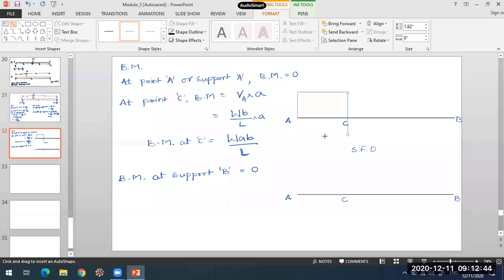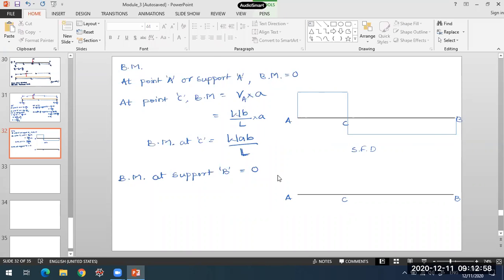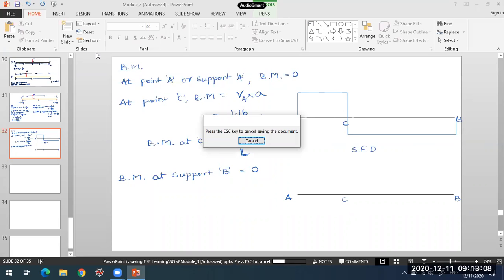And thereafter, again, it is remaining constant up to this support B till I cross the reaction at support B. After I cross the reaction at support B, it is coming back to 0 over here. Exactly at point B, it will come out to be 0. Okay, so this is the variation what we have in the shear force, or this is the shear force diagram over here.